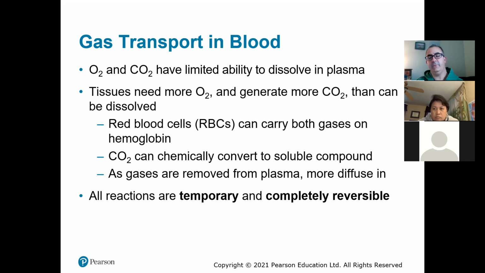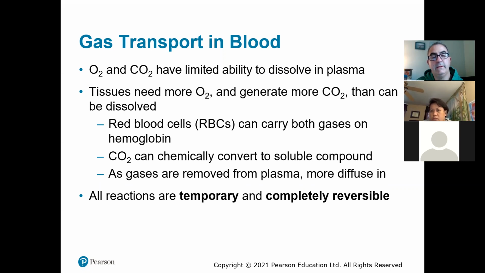All right. Then we get to the last part of the chapter, the gas transport in the blood. So as we've said already, the blood is transporting oxygen and carbon dioxide around. The tissues need oxygen and the tissues are generating carbon dioxide. So the red blood cells can carry both gases on hemoglobin.